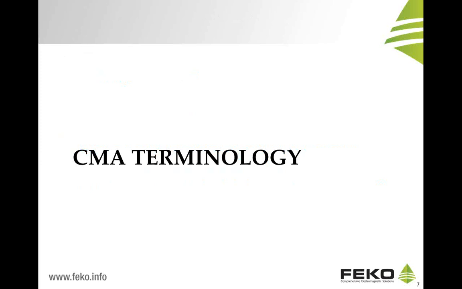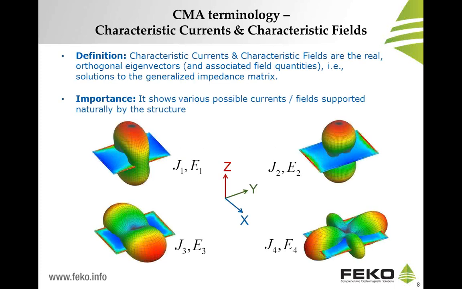Now, with all this said, I will explain a few definitions in CMA, or terminologies that are used in this field, and also why these definitions are important. The first definition is: what exactly is a characteristic current or a characteristic field?